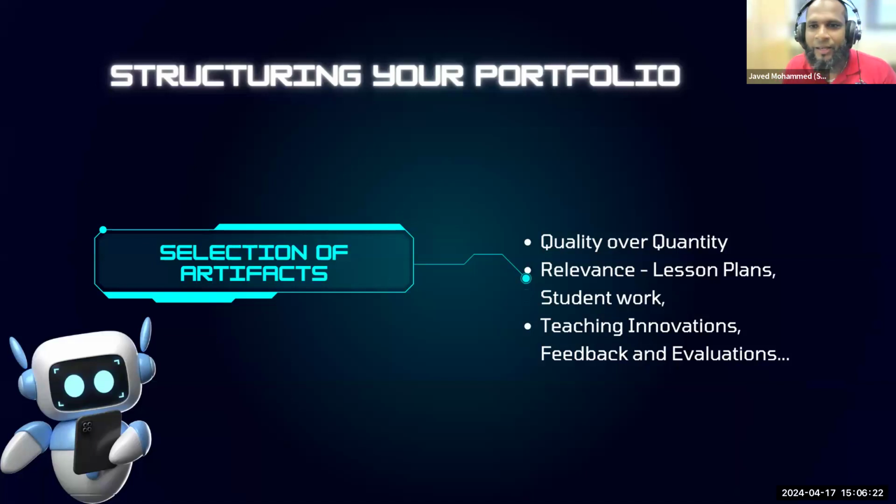So you're going to select evidence that, of course, directly relates to teaching activities for your teaching portfolio. So if it's your teaching portfolio, some of the things you want to include would be lesson plans, lesson planning. So I know this might be a little ticklish thing. Not everybody would develop lesson plans, but you should have one or two in your archive somewhere. And if that's the case, you want to showcase well-designed ones.